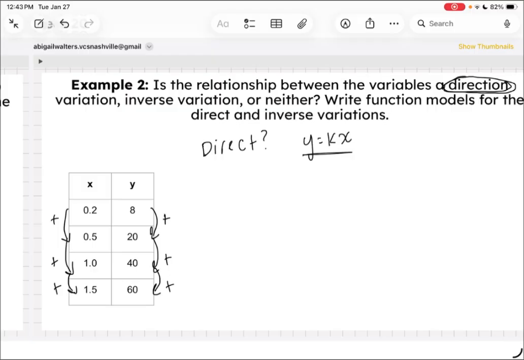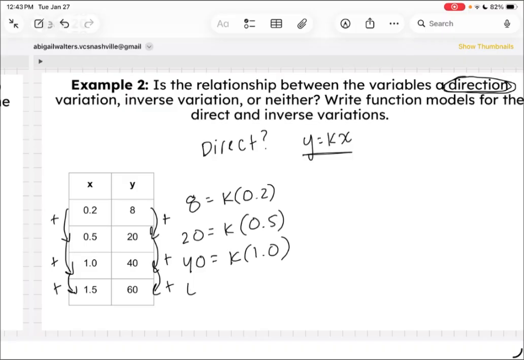Let's check that first set of points: 8 equals k times 0.2. For the next set, we have 20 equals k times 0.5, 40 equals k times 1.0, and the last set, 60 equals k times 1.5.